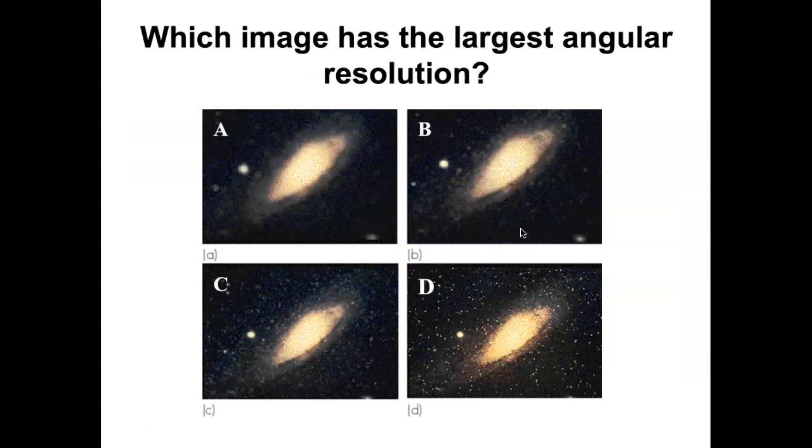So again, here are four pictures of the Andromeda Galaxy. Which of them has the largest angular resolution? Well, having a large resolution means you can only see large details and not the small details. So which of these only lets you see the large details? A, it is.